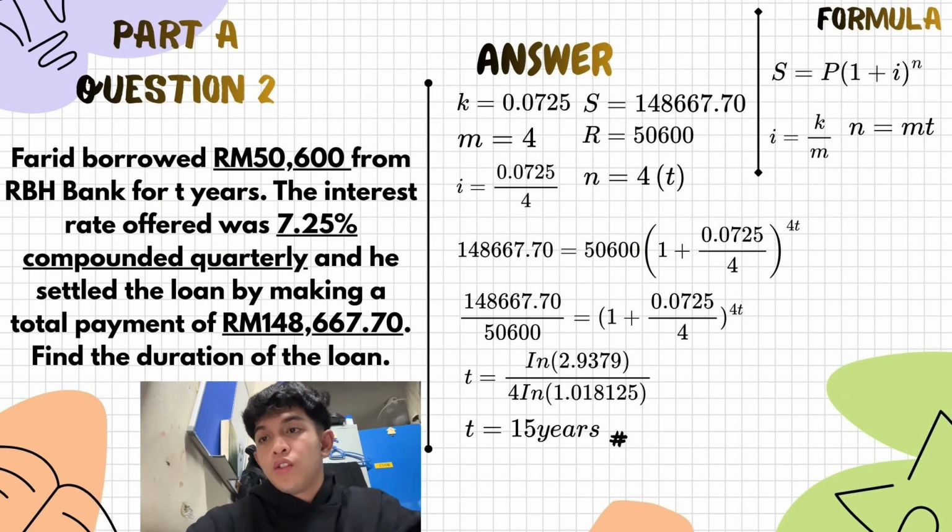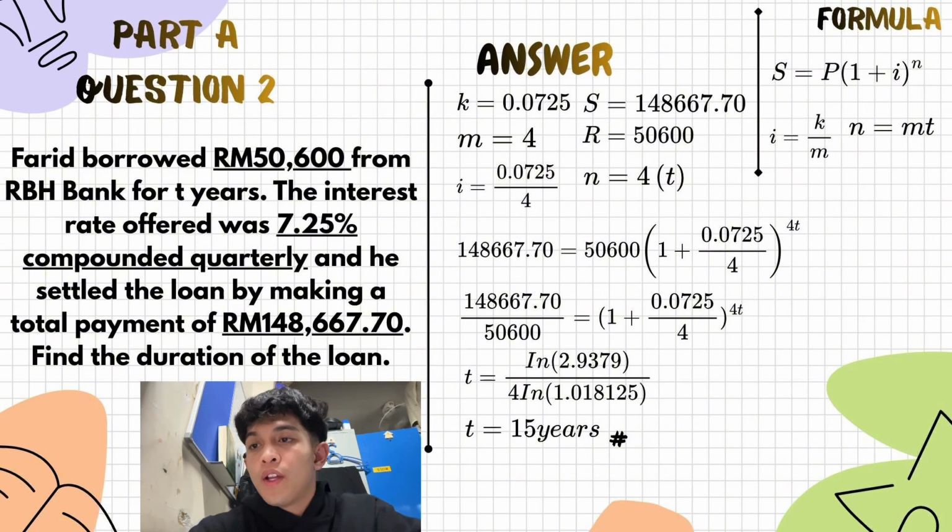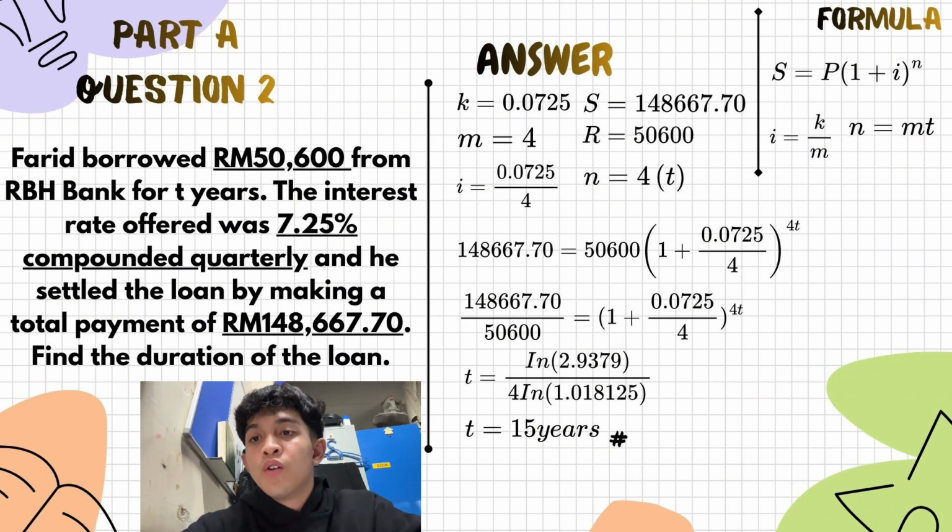Okay, so here is the solution: 148,667.70 equals 50,600 bracket 1 plus 0.0725 divided by 4 bracket to the power of 40.